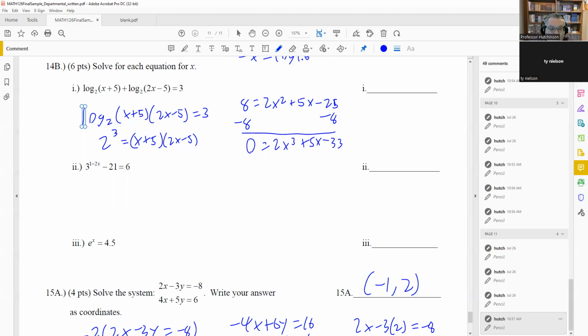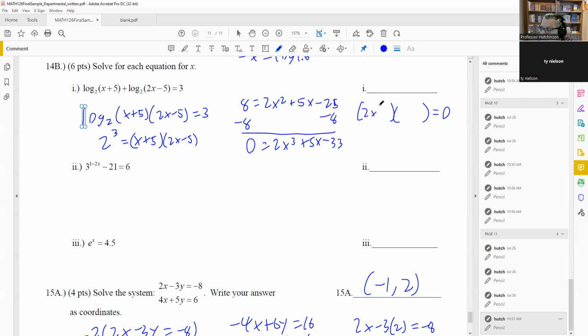Quadratics, you always need to set them up and set it equal to 0 always. Now we're going to do some factoring. Put the 0 on this side.